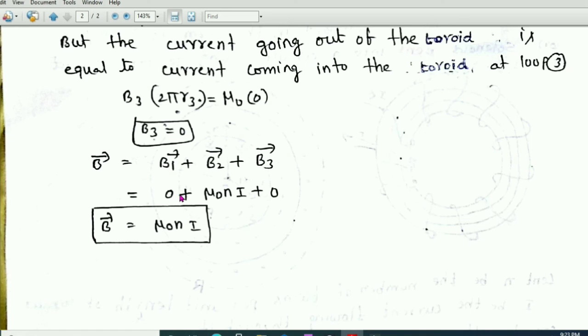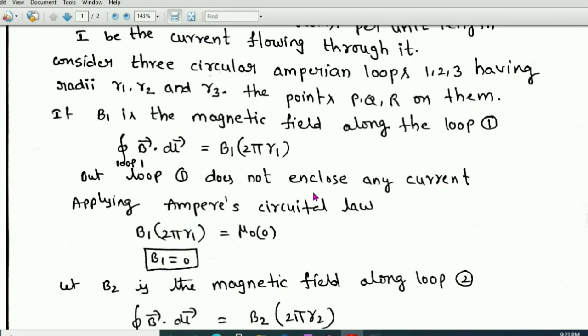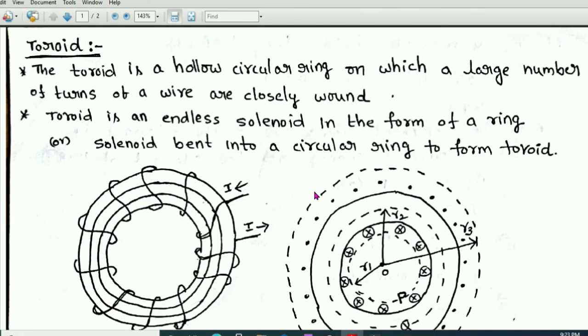So 0 plus mu naught N I, the magnetic field inside the toroid, plus 0. That is, the total magnetic field B bar is equal to mu naught N I, where mu naught is the permeability of free space, N is the number of turns per unit length of the toroid, and I is the current passing through the toroid. So this is about the toroid and the magnetic field produced by it.